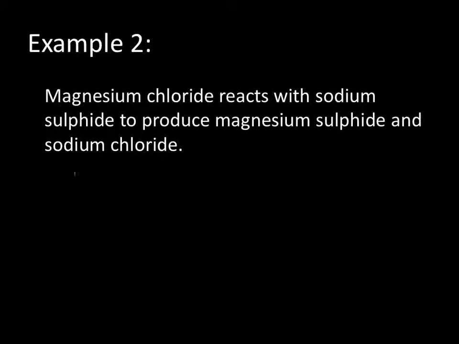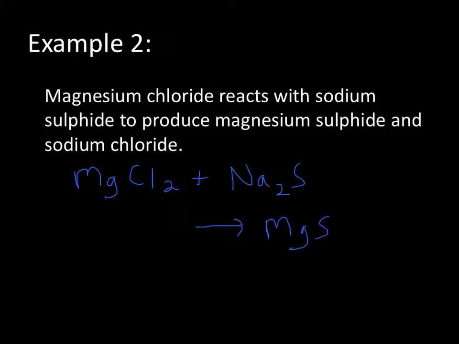Magnesium chloride would be MgCl2, reacting with sodium sulfide, which is Na2S, and that would produce magnesium sulfide, which is MgS, and sodium chloride, which is NaCl.